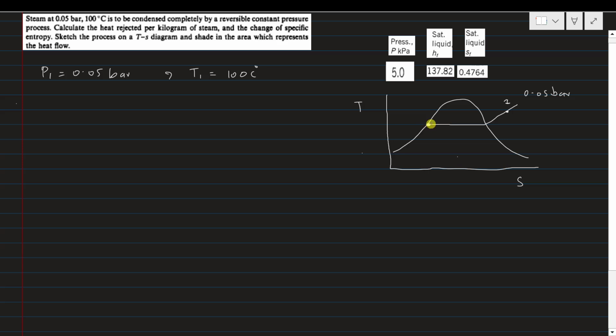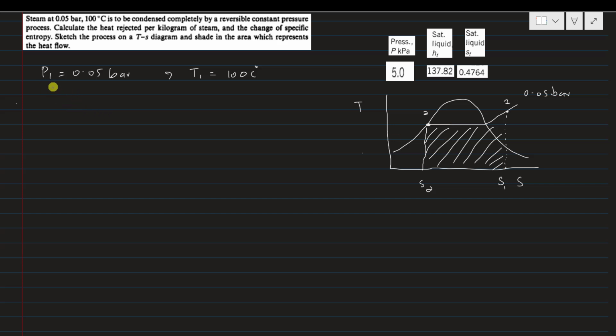So this will be our state point 2. The entropy at this state is S1 and the entropy at this point is S2, and this is the shaded region where heat is rejected.